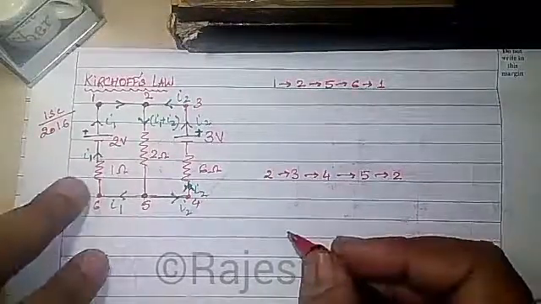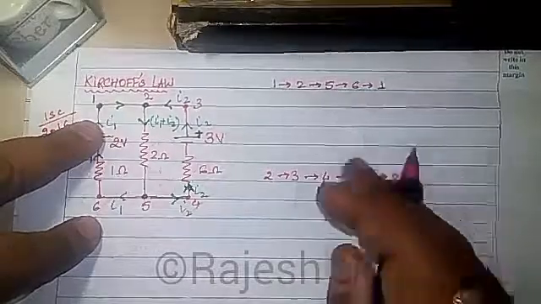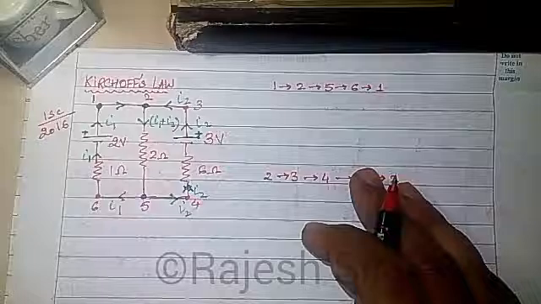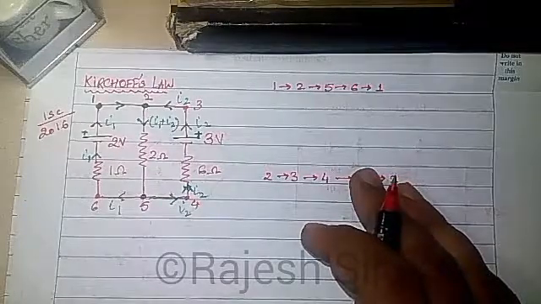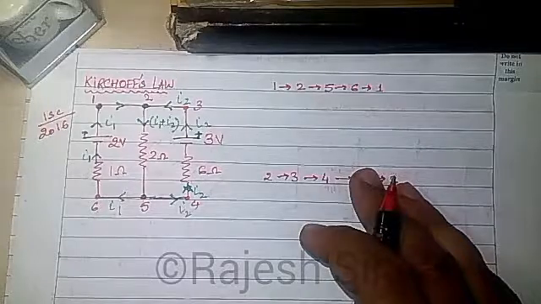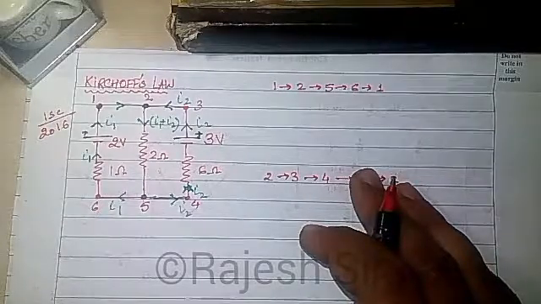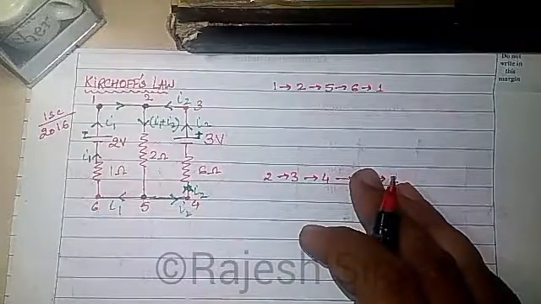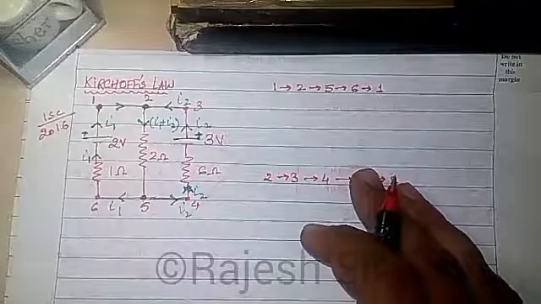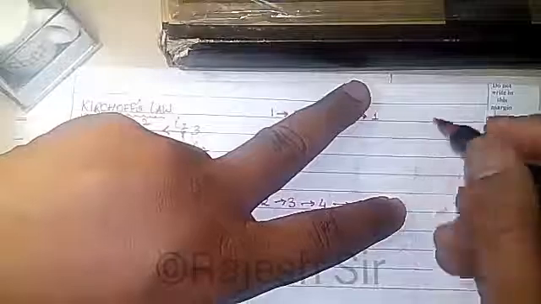Now, when I am traveling in a mesh, if I go along the direction of current and if I meet a circuit element such as a resistor, capacitor or inductor, the potential drop would be written with the negative sign if I go along. So how do you remember that?